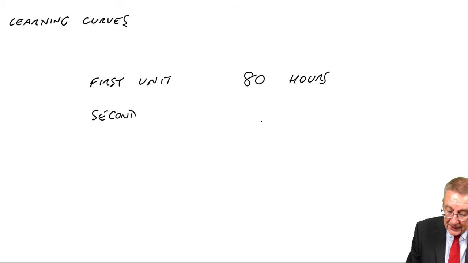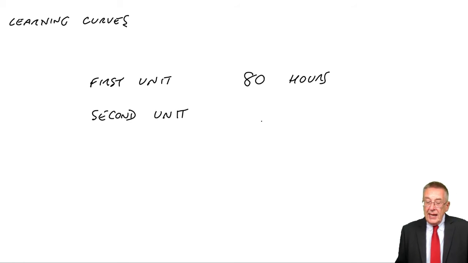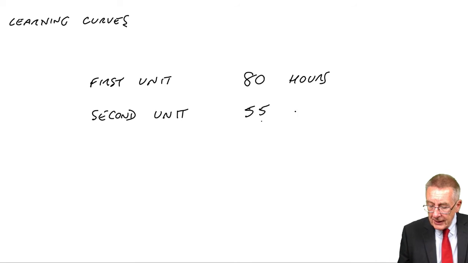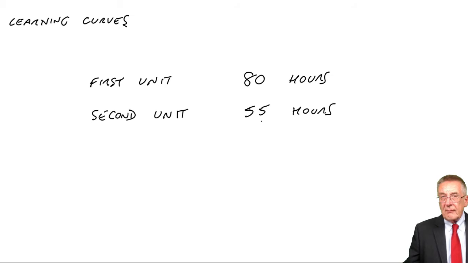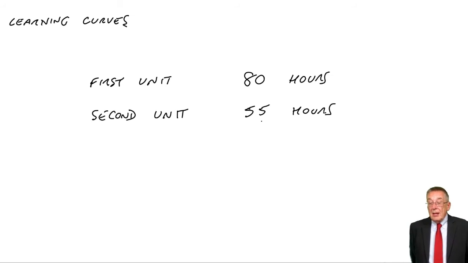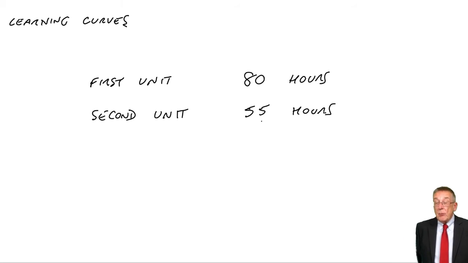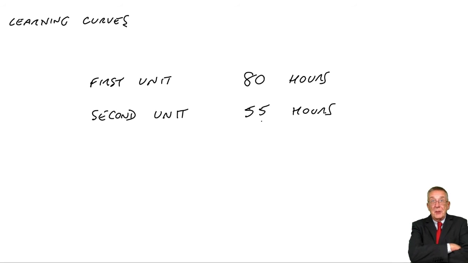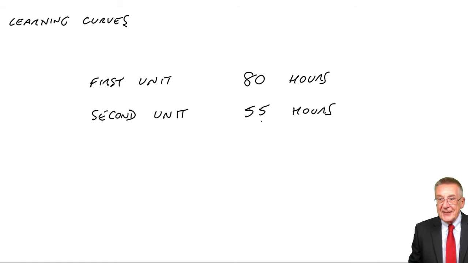The second unit, let's say, takes them 55 hours. What I want you to do is, will you estimate to the nearest percent what the learning rate is? Is it 70%? Is it 60%? Is it 90%? And as I say, I am going to keep quiet for 30 seconds. Please have a go, see if you can get the right answer.